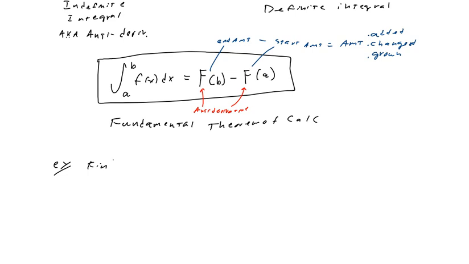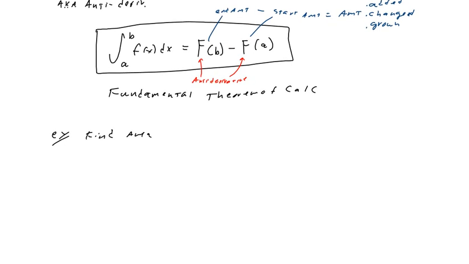Find the area under the following curve. So let's say I have an equation that looks like this, from 0 to 4.